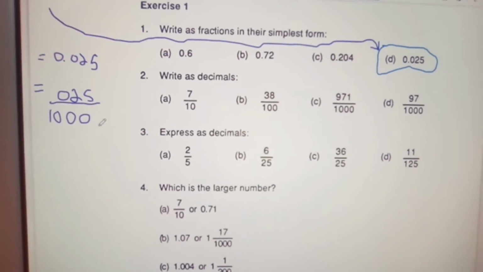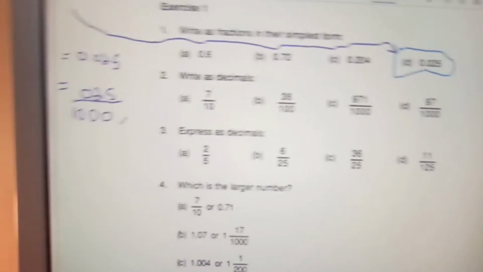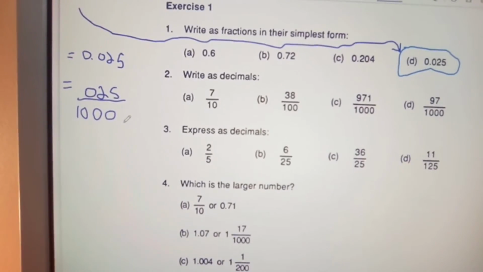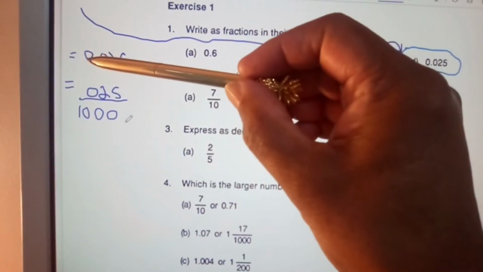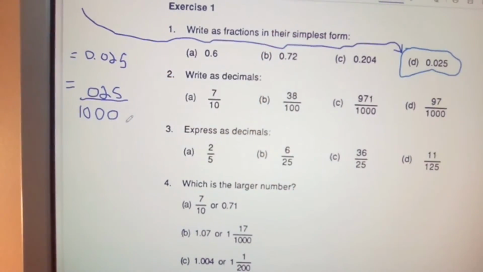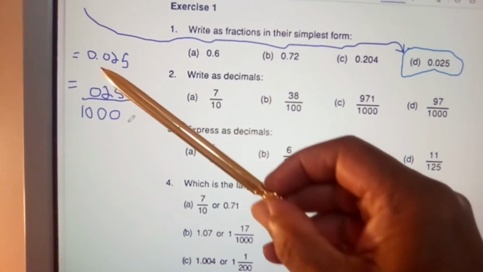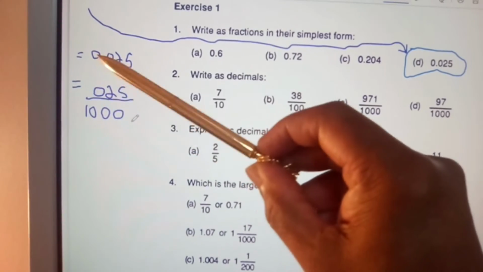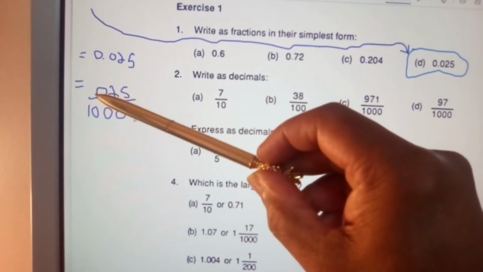Now something is interesting here actually, because when you look at 0.025, it's very interesting to consider that we have no tenths in this situation here at this point.